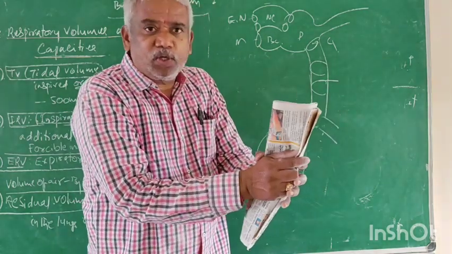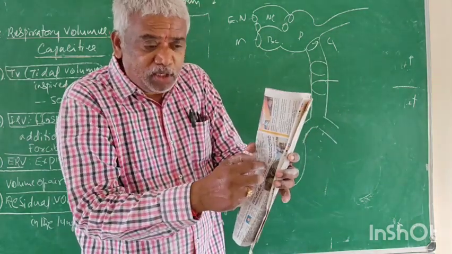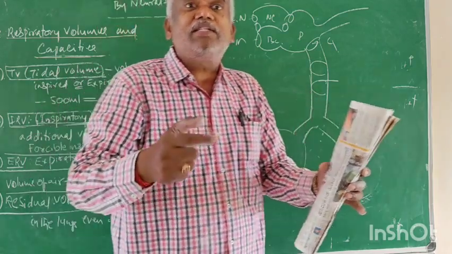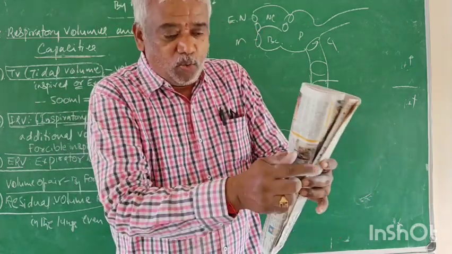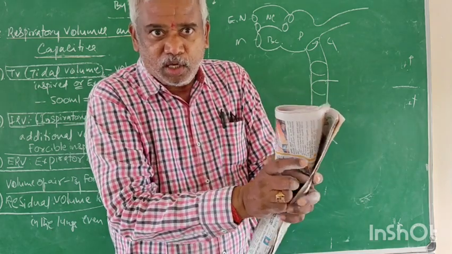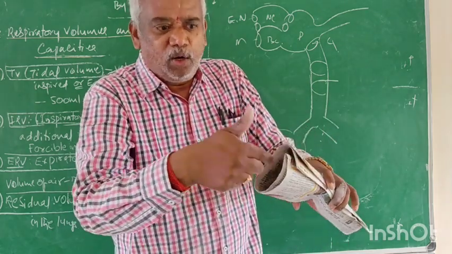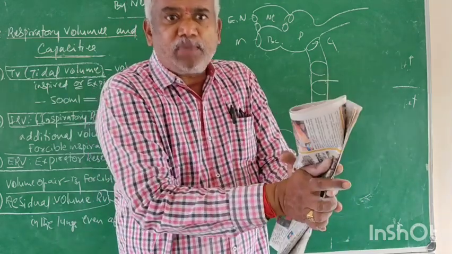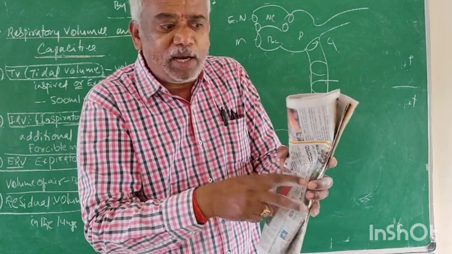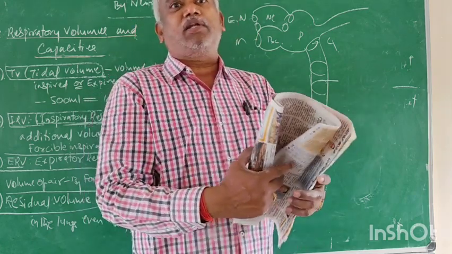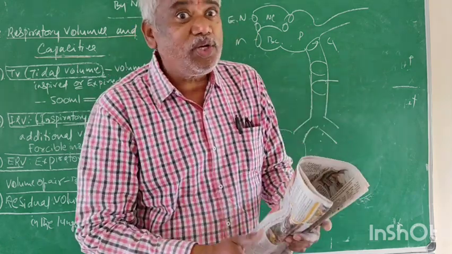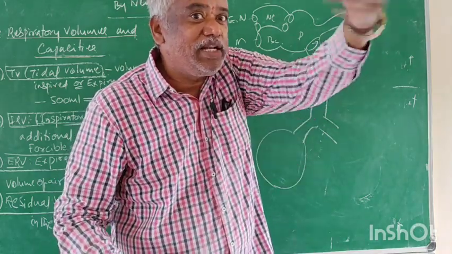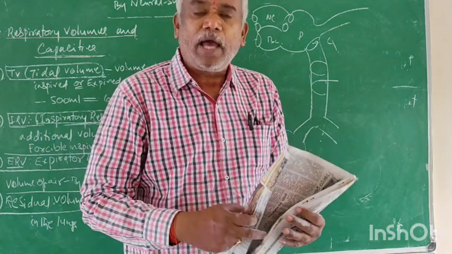If it is collapsed, after the collapsing, to come to the normal it will take some time. If the rings are absent, what happens to the wall? It collapses. Once it collapses, it takes time to return to normal. But oxygen supply is continuous to the cell. Due to this, that leads to death. Just listen, I am saying.